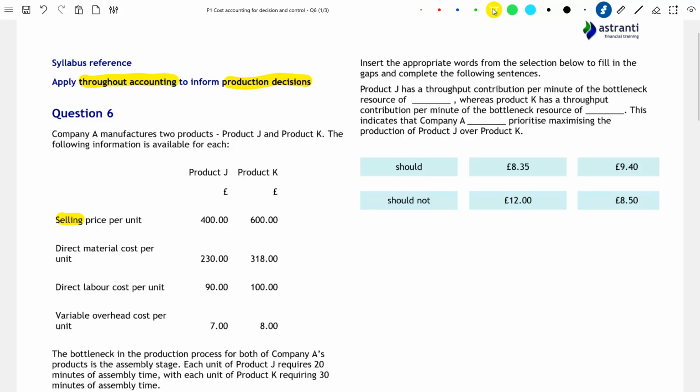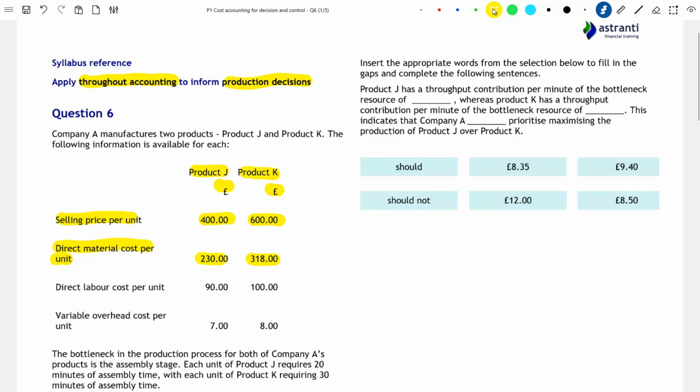So specifically, we're told that the selling price per unit is £400 for product J and £600 for product K. Additionally, we're told that the direct material cost per unit is £230 and £318 for these products. And of the numbers given in this table, these will be the ones that we need to calculate the throughput contribution per unit, which we will have to do, as you'll see, in order to answer this question.